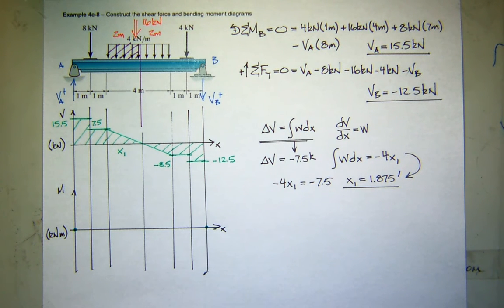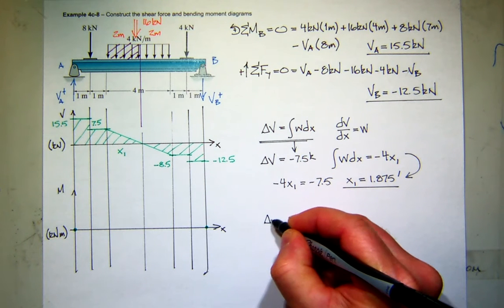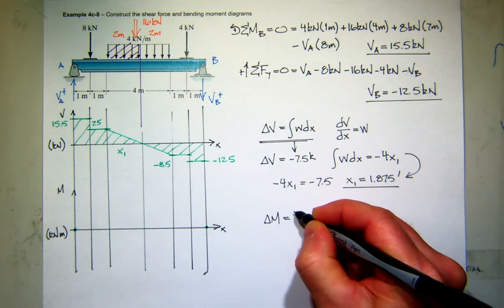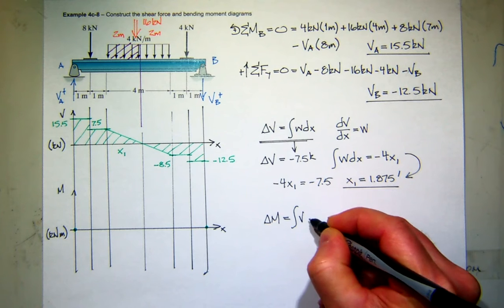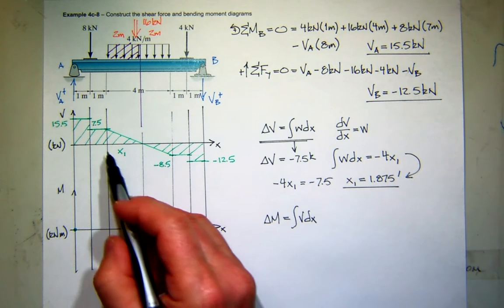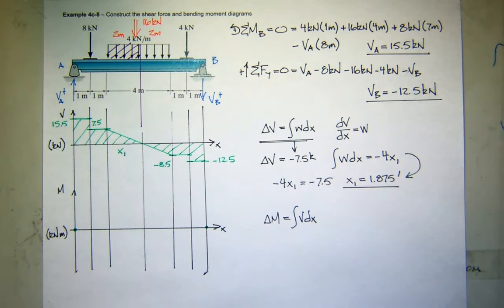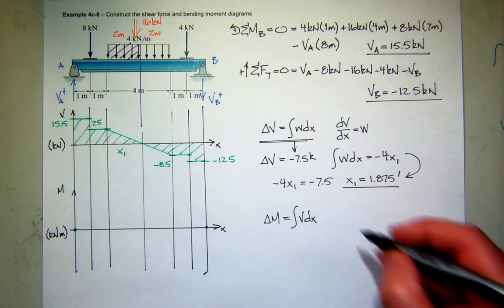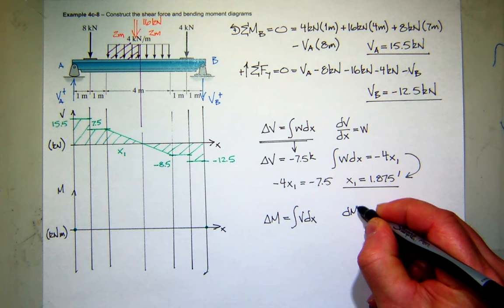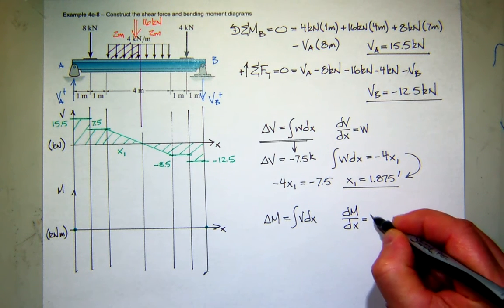With that said, we can now apply our relationships that we've talked about. The change in moment between any 2 points is the area under the shear diagram. When you're talking about area under the shear diagram, you can see why x1 was important, to be able to find that area. And then we know that the slope of the moment diagram, or the derivative, is going to be equal to the shear.